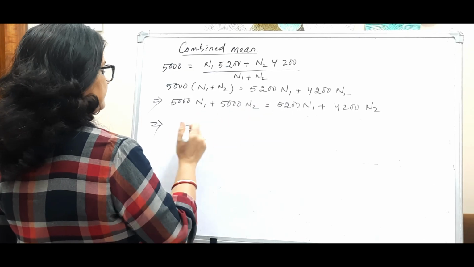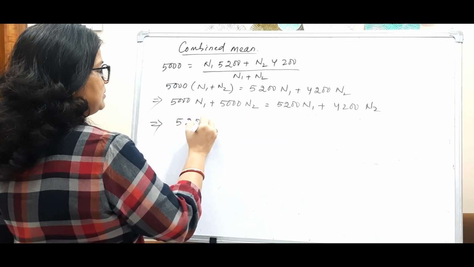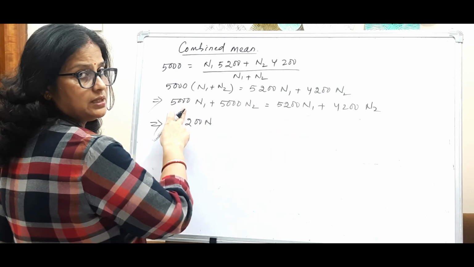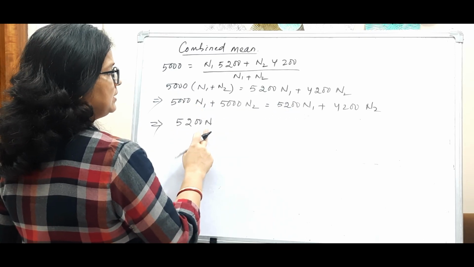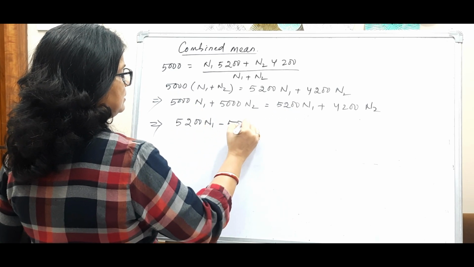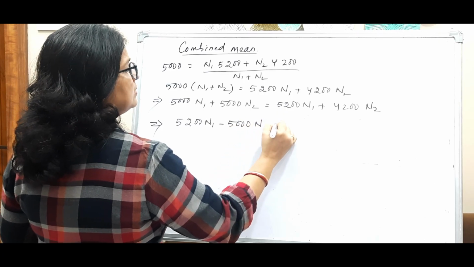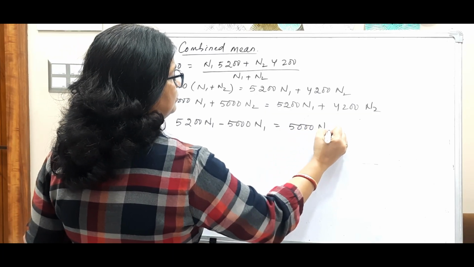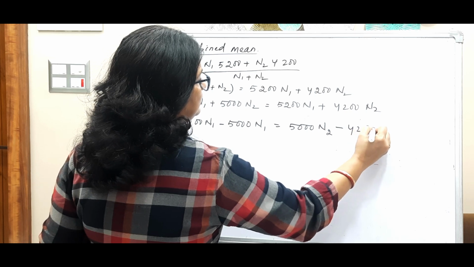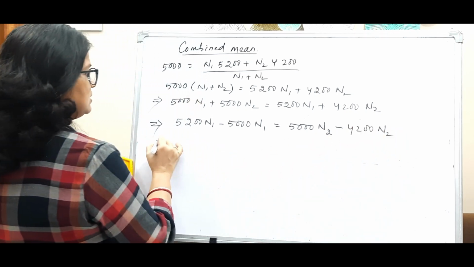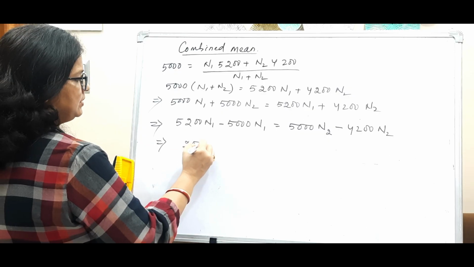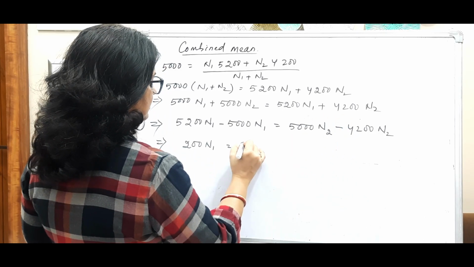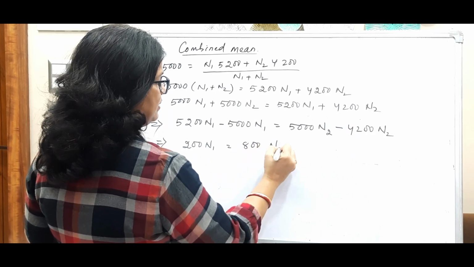So, we can do like this: we can take 5,000 N1 to this side, 5,200 N1 minus 5,000 N1 equal to 5,000 N2 minus 4,200 N2. Which is equal to 200 N1 equal to 800 N2.